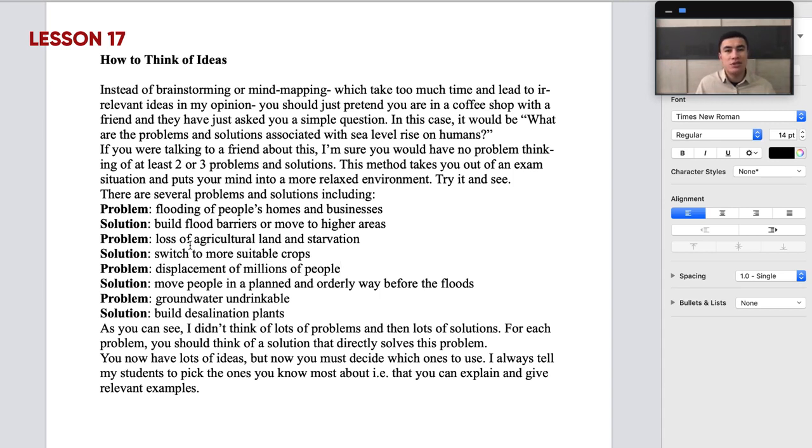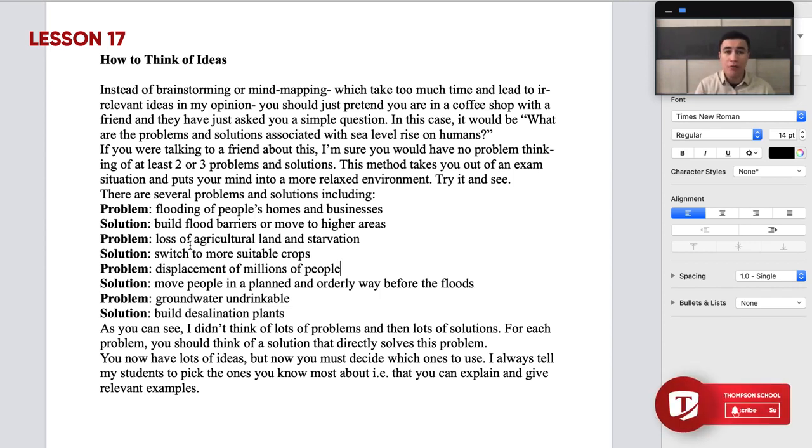So, sometimes students come up with several solutions to one single problem, but it may be irrelevant from time to time. That's the reason why you should always choose the most appropriate solution that directly solves and actually helps to reduce the influence of certain issue.